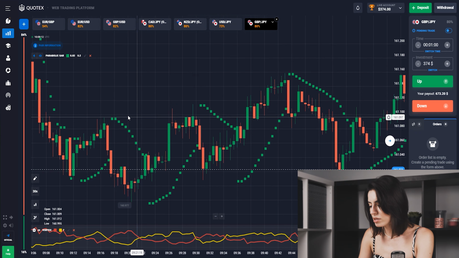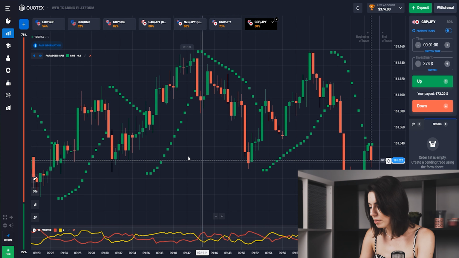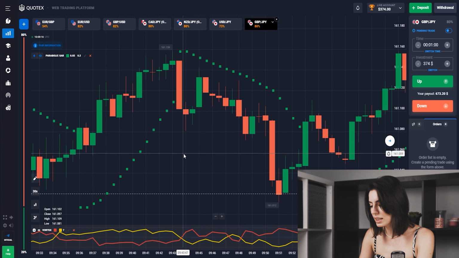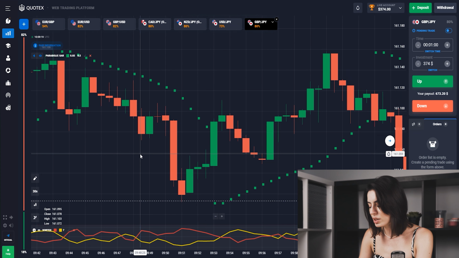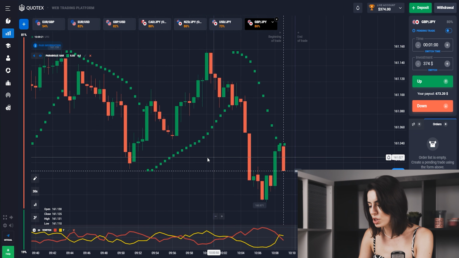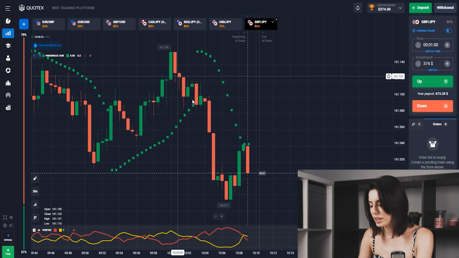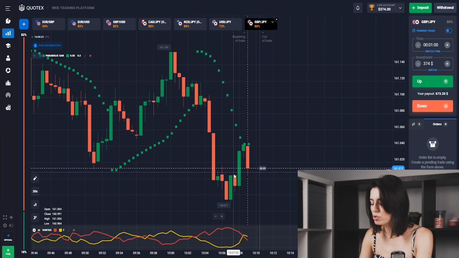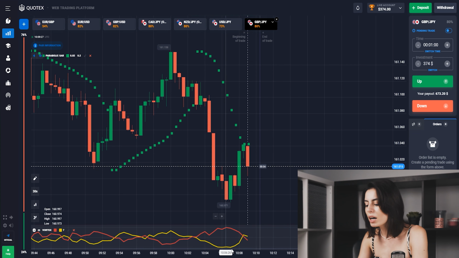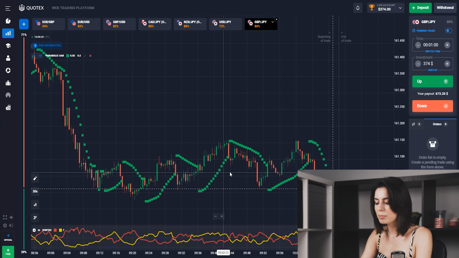And what about the parabolic SAR? I know you already remember that if you're seeing these dots just above the chart, we're getting downward. If you're seeing them below the chart, we are getting upward. And this is all about the whole chart tendencies. This is not about the candles. Please remember that.